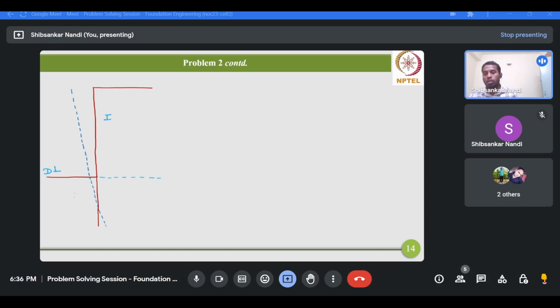So this is division 1, this is 2, this is 3, and this is 4. Into these four divisions, we can basically divide the entire soil mass depending on the deflected pattern of the sheet wall.